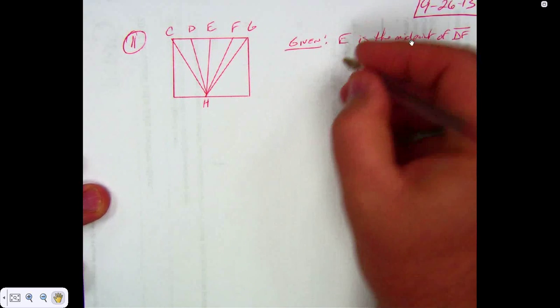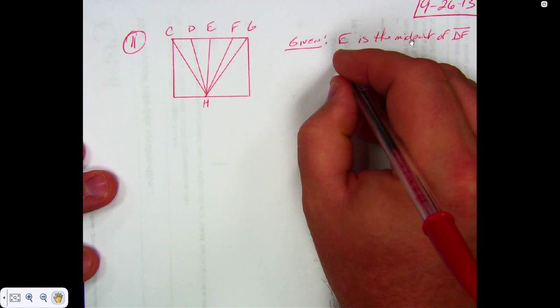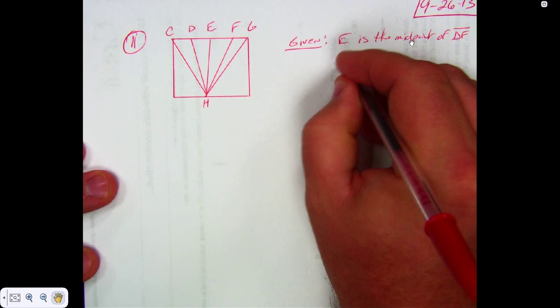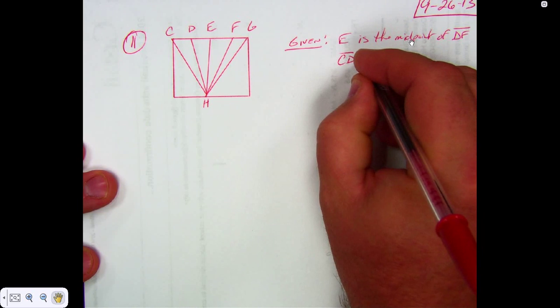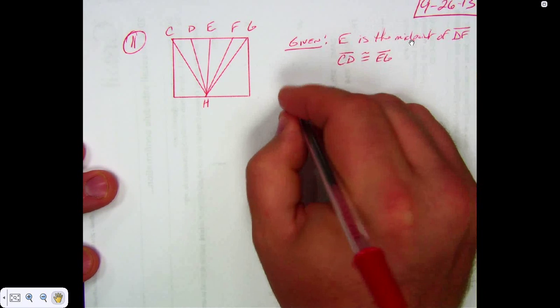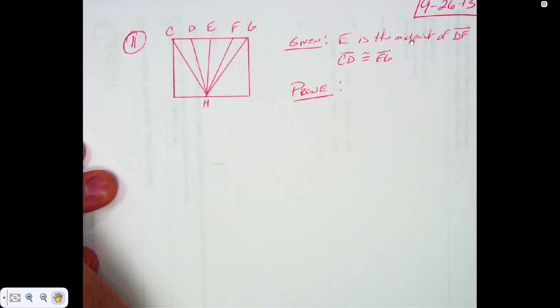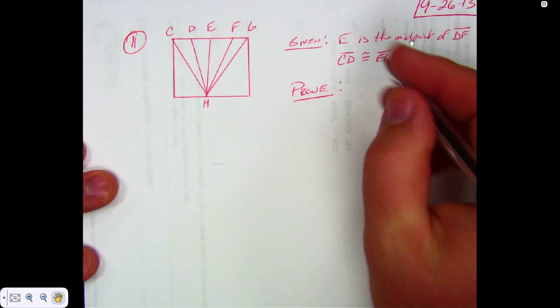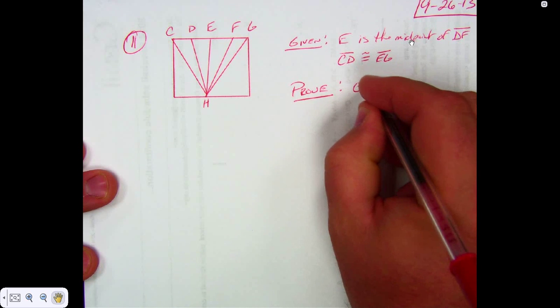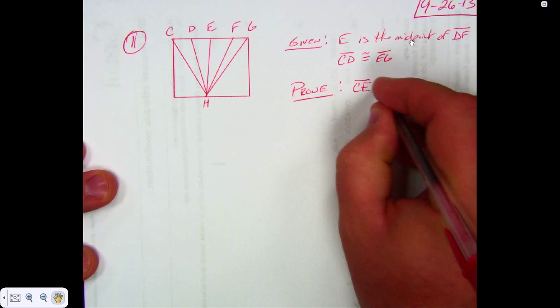What's the other part of my given? Louder, please. CD is congruent to segment FG. What do they want us to prove? CE is equivalent to EG. Equal or congruent? Congruent to EG.